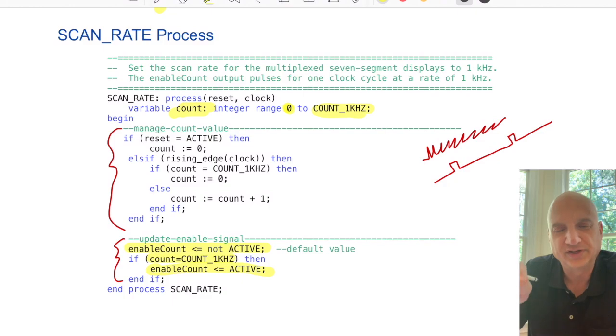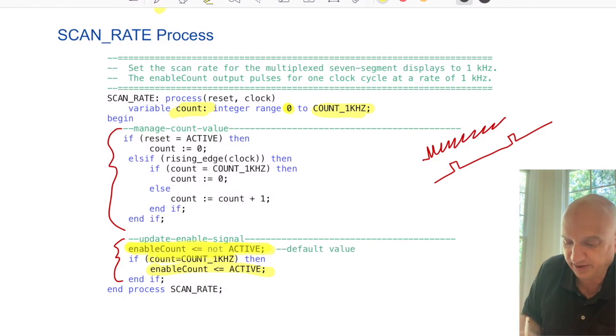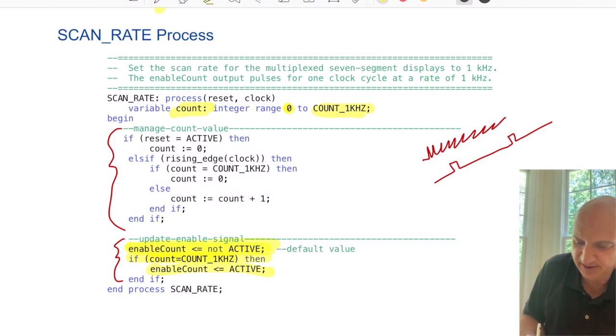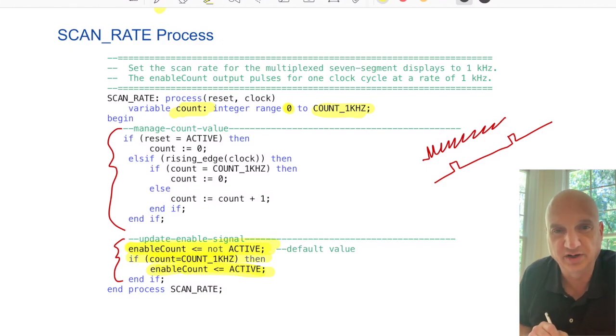Now remember, signals that are assigned in processes do not get updated until the end of the process. So by doing this initial assignment of not active, we're not really affecting the output at all. We're basically saying the default value is this, and then we'll check for this exception condition, which if it is the count, then we activate that pulse for that one cycle.